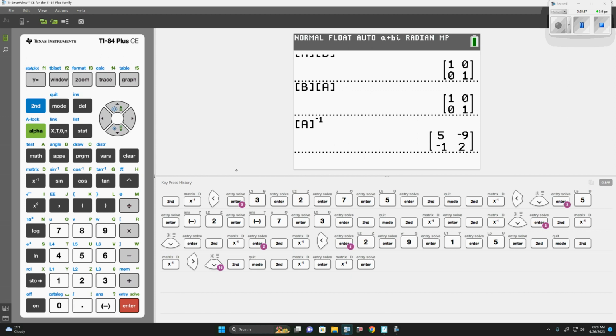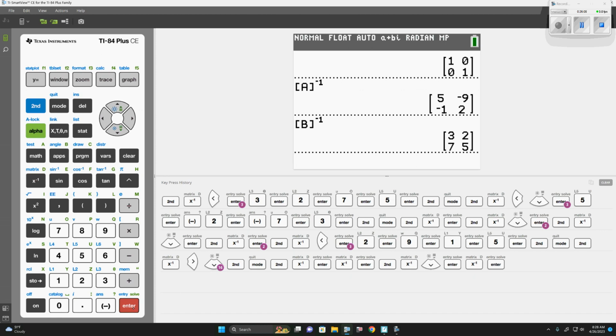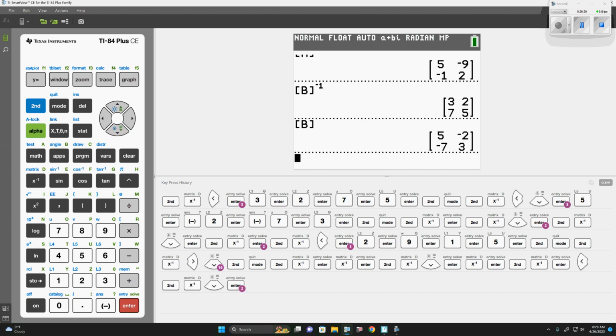Now, we did have a matrix plugged in for B, so we can take B inverse. Is this here? So 3, 2, 7, 5. None of them are negative here, but for second matrix B, let's try it again. 2 and 7 were already negative, so they became positive. 3 and 5 switched.